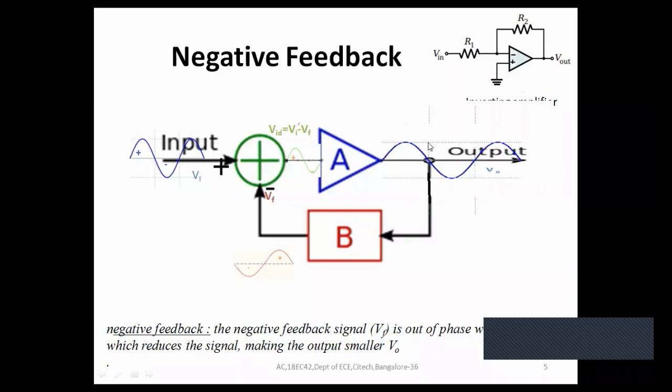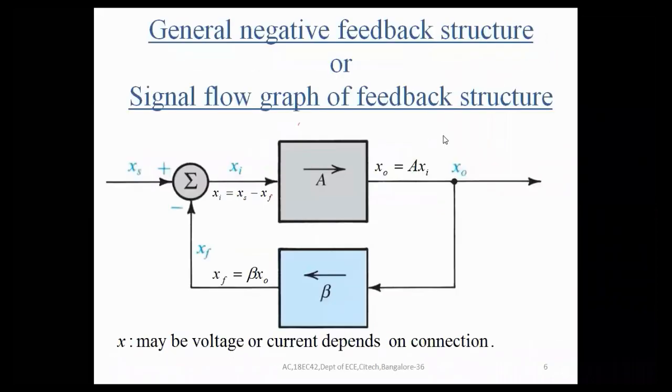Let us move to the general negative feedback structure, or signal flow graph of the feedback structure. Here I am going to consider X as a signal that may be voltage or current, depending on the feedback connection, where Xs is the source signal which is applied to the mixer or summation.